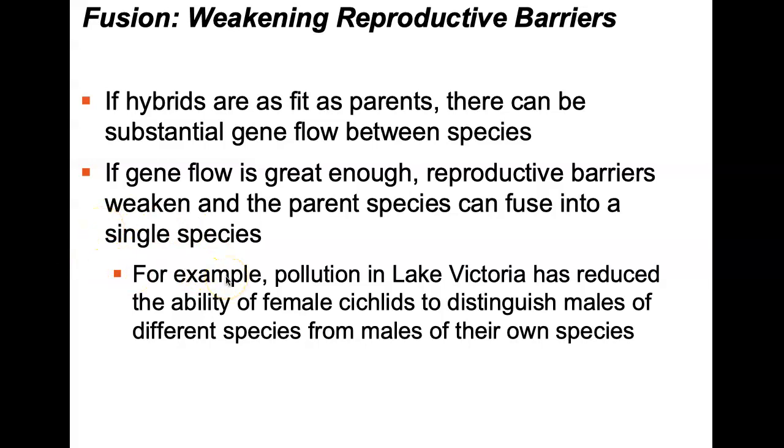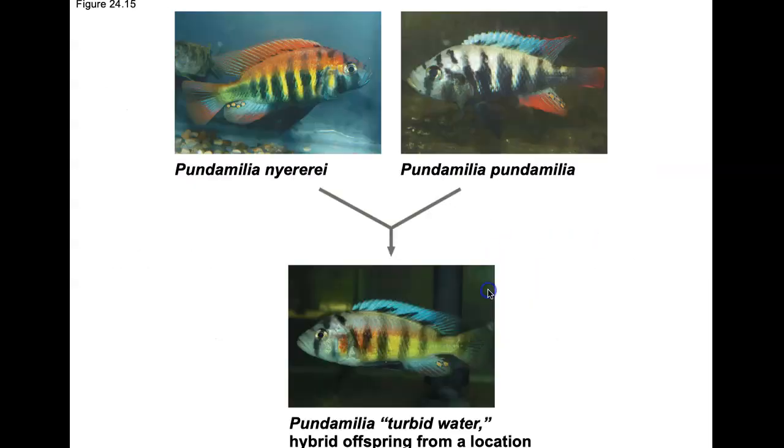So as an example, this one's really good. We have these two types of cichlids that we looked at last week. Remember, we had the two types of fish that have their own sexual selection, where one is selecting a certain pattern of fish and the other one is selecting a different pattern of fish. Those are two different species. However, due to pollution, the female fish cannot see so well. So now they're just mating with all the fish because they can't see which type of fish they're looking at, right?